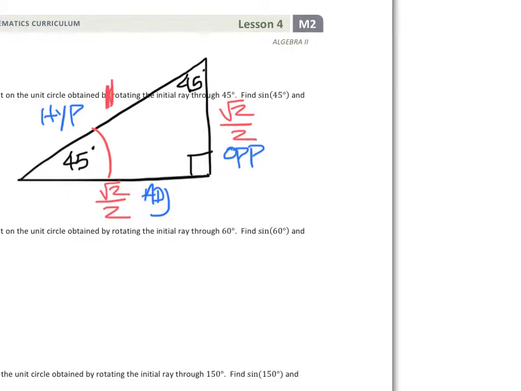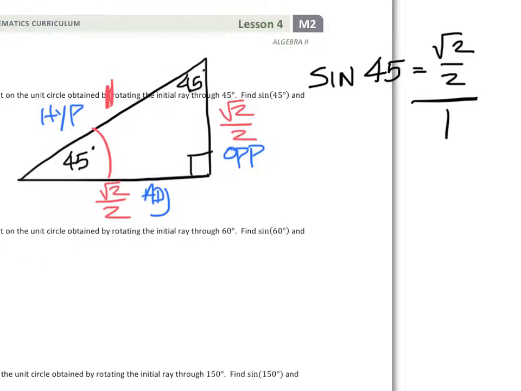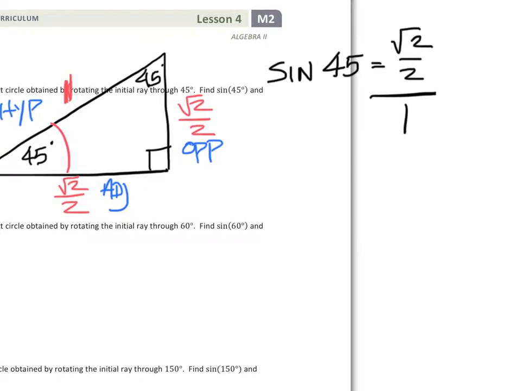So sine of 45 degrees is equal to opposite, which is square root of 2 over 2, over 1. And of course that just simplifies to square root of 2 over 2.